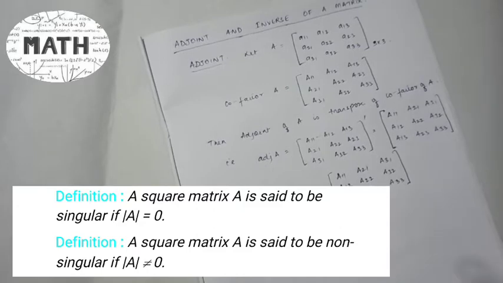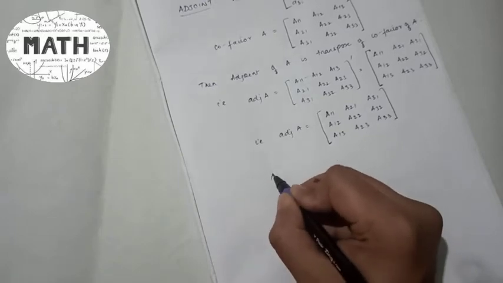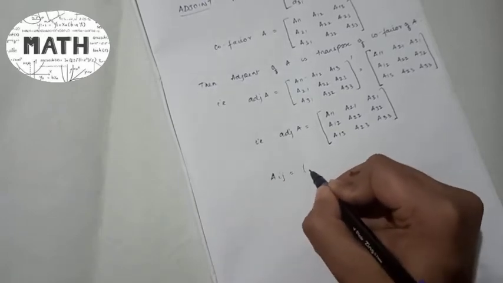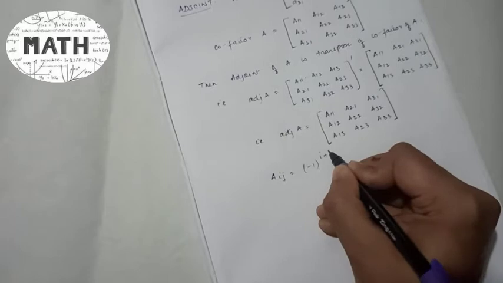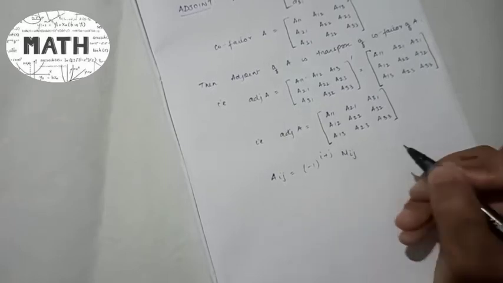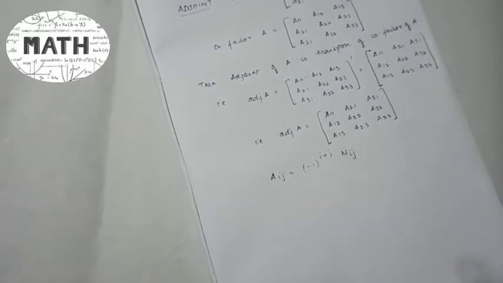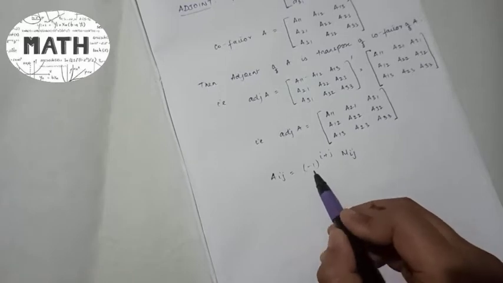Alright, now one more thing. In a previous exercise, we have done cofactor. The formula for cofactor is Aij is equal to (minus 1) to the power i plus j, times Mij. Your M is nothing more than the minor. Now, keep a focus on this line, minus 1 to the power i plus j.